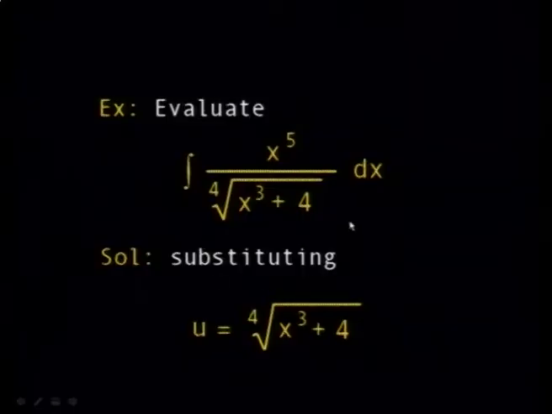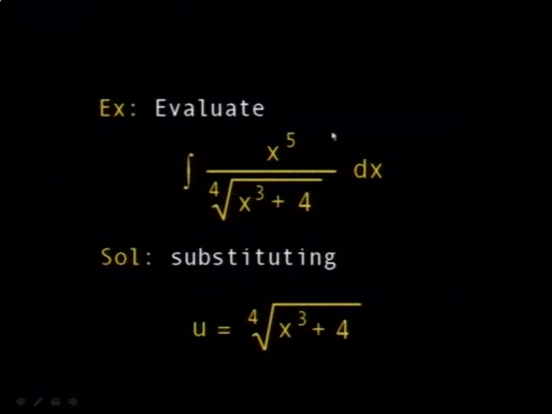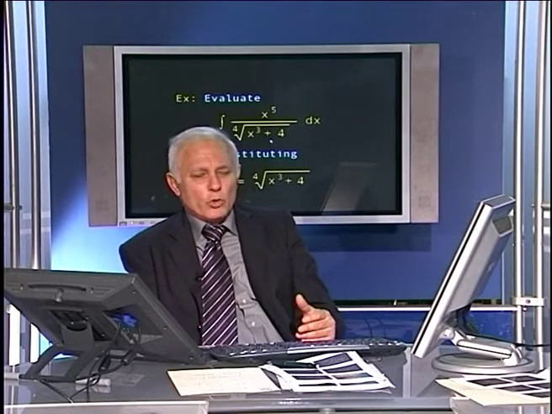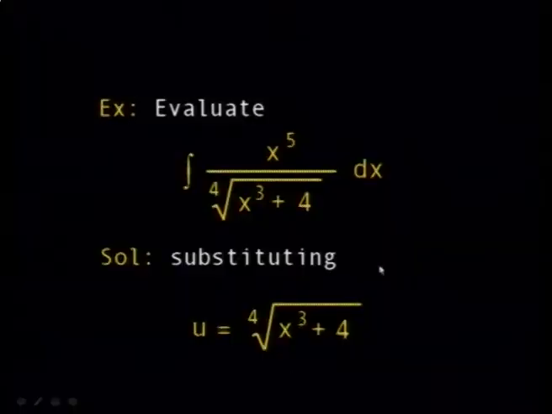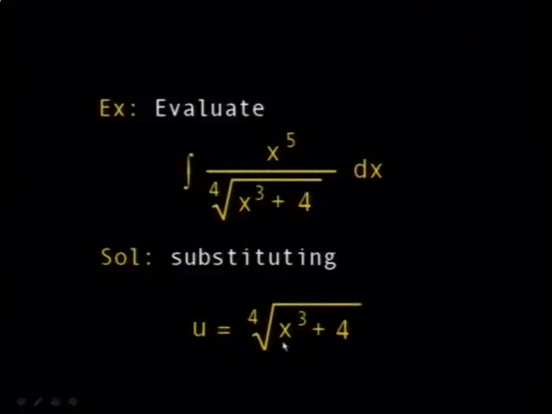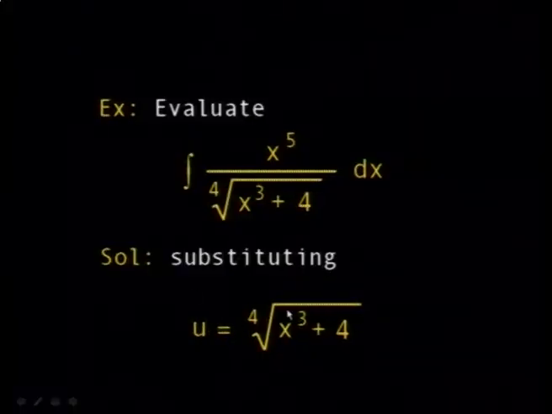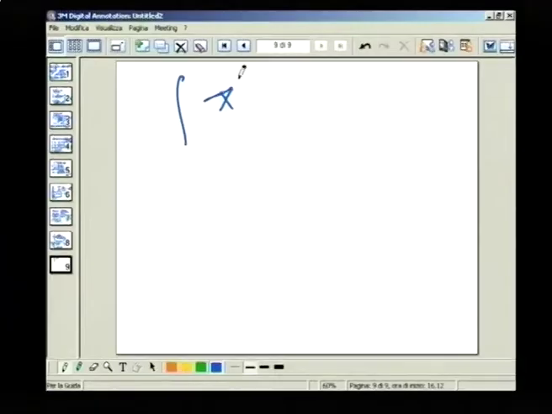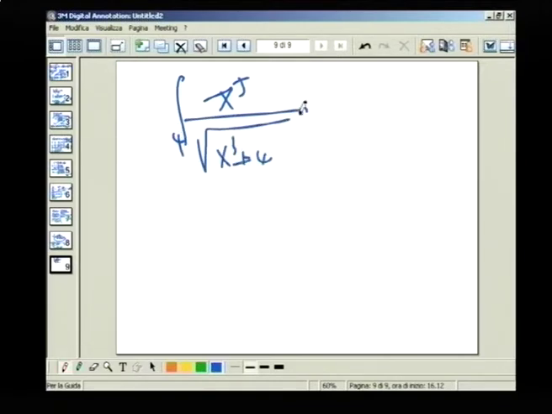So in this example, I tried several ways. I tried first to put x cubed plus 4 equal to u, and I failed. So let us have this substitution instead. You have the integral of x to the power 5 divided by the 4th root of x cubed plus 4 dx.